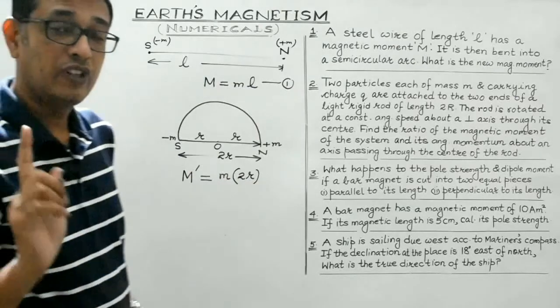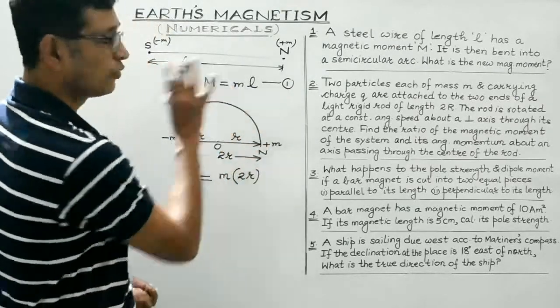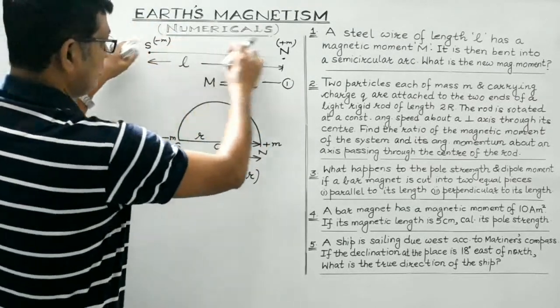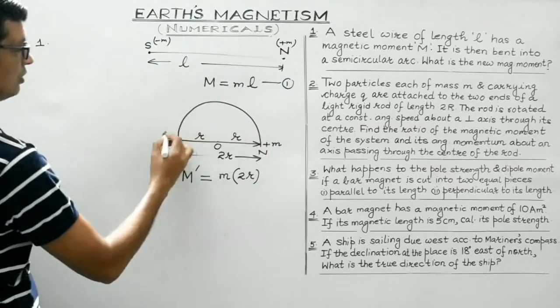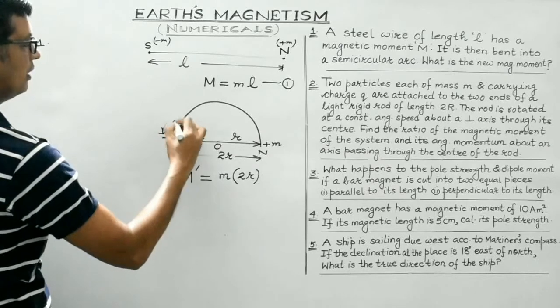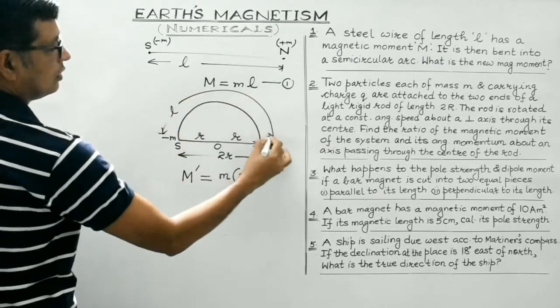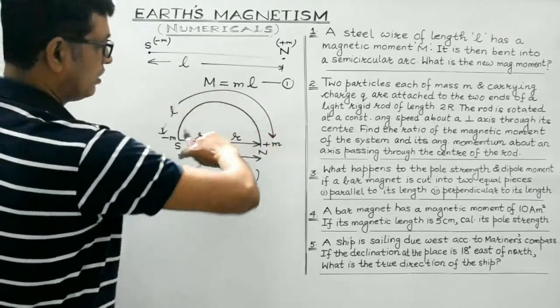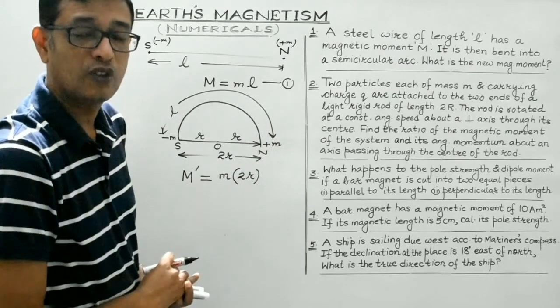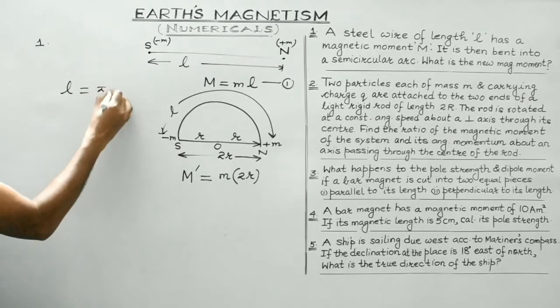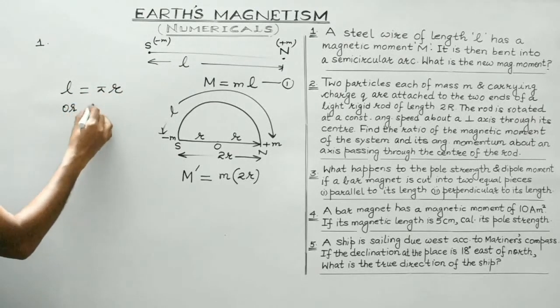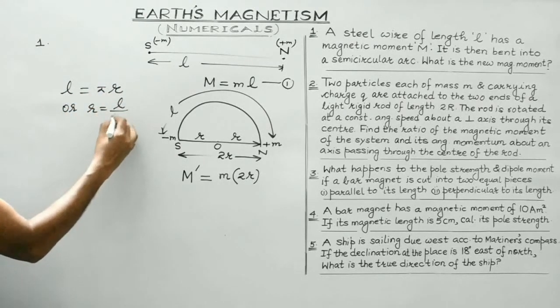So now we need to express this r in terms of L. For that, this is the length which has been converted into the semicircular arc. So this is length L, isn't it? So the perimeter or the circumference of a semicircular arc of radius r is pi r. So definitely L would be equal to pi r, or r may be written as L by pi.